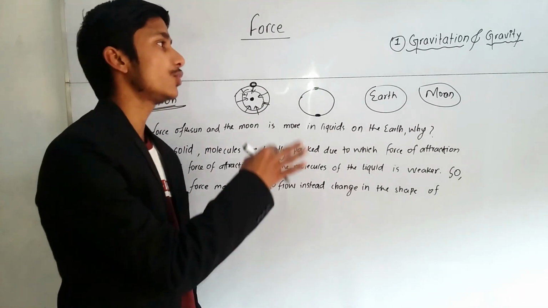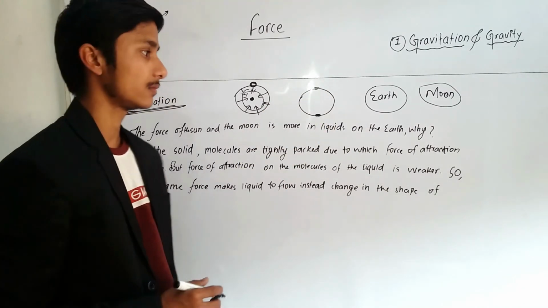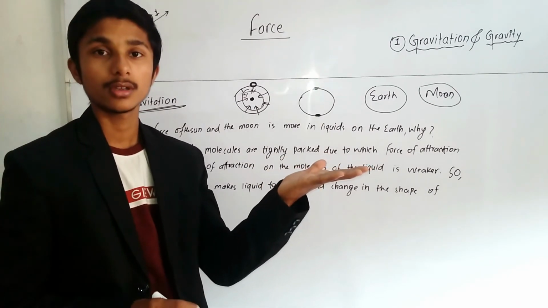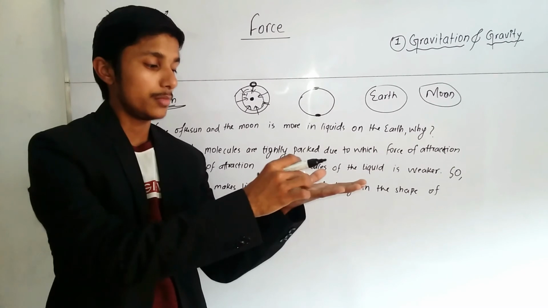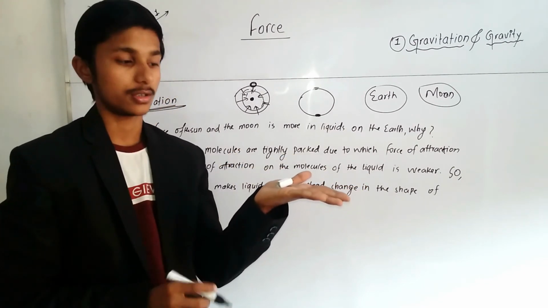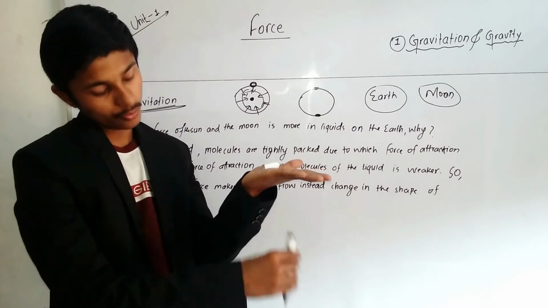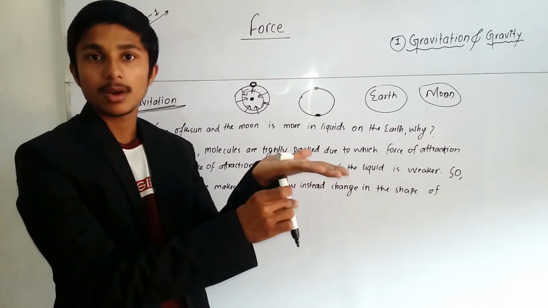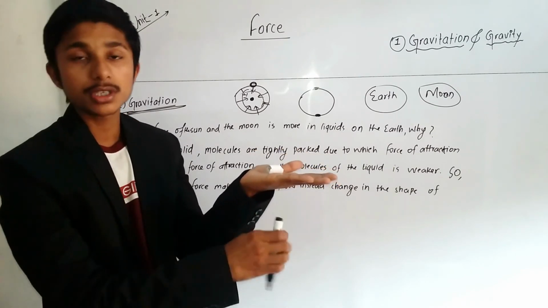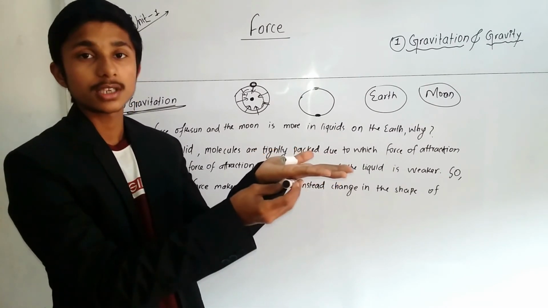This is due to gravity. Suppose this is my hand, and when I make this marker stand on this, then it stands, and when I make this marker stand in the opposite direction, then it falls downward.